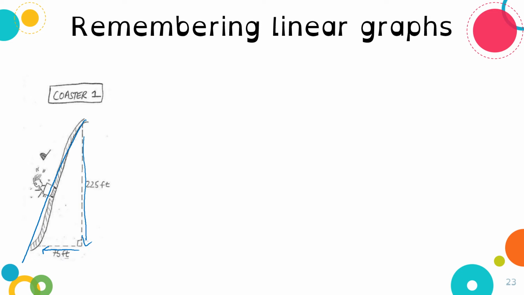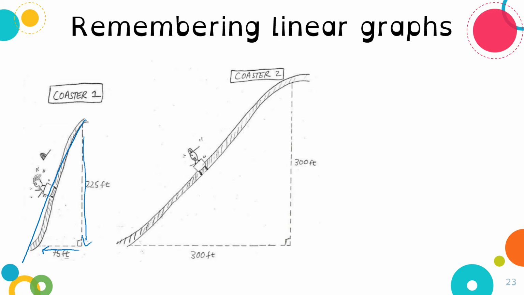And this person, you can see, is going really, really fast. However, if we have a second roller coaster that drops at a rate of 300 feet over 300 feet, that roller coaster is not so steep. The steepness of our line has decreased.